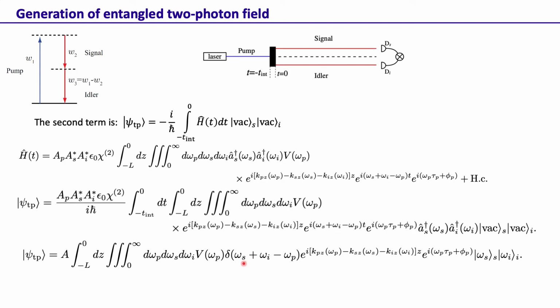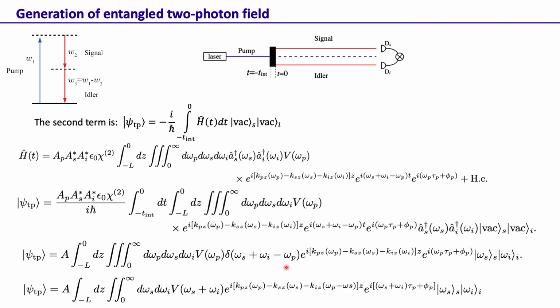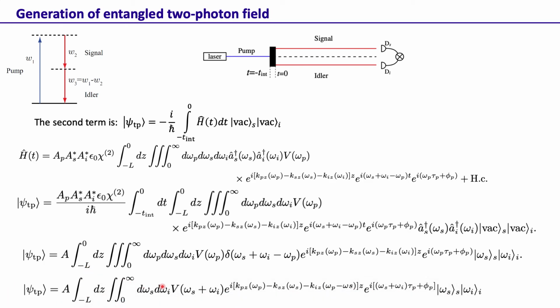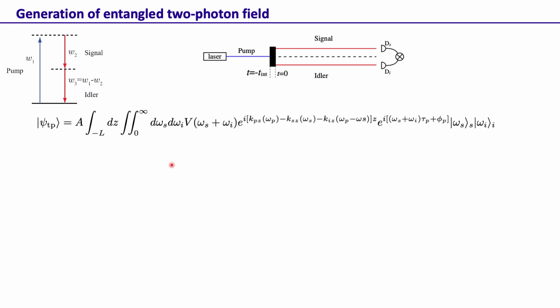And if we now integrate over this omega s integral, this delta function will go away, and then we will be left with this integral. So this is the two-photon state produced by parametric down conversion, right at the exit face of the crystal. Okay, so that's our two-photon state.